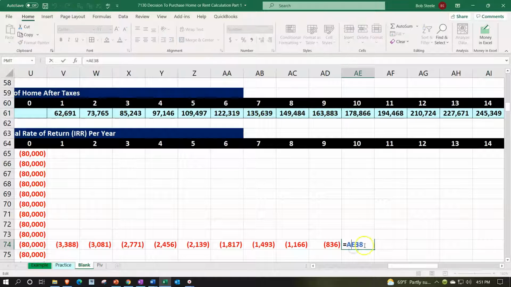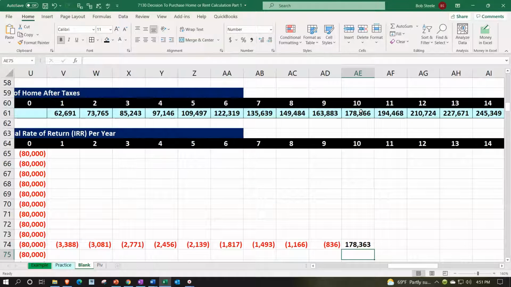So I'm going to double click on this and add to it this 178,866, and that gives us our 178,363. So that's it, because then there'll be nothing in year 11.